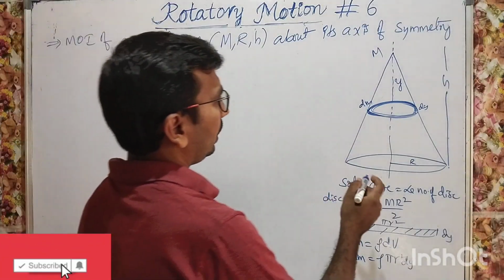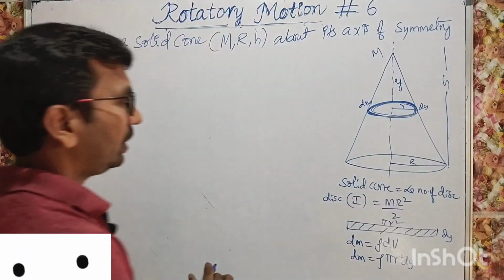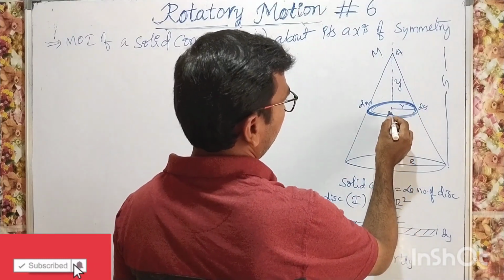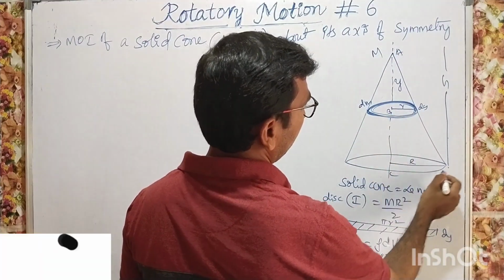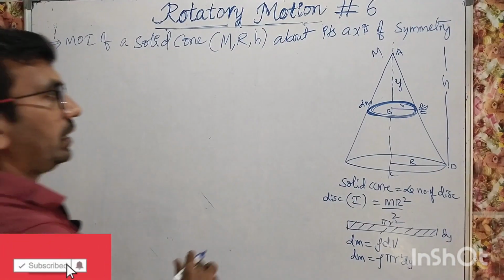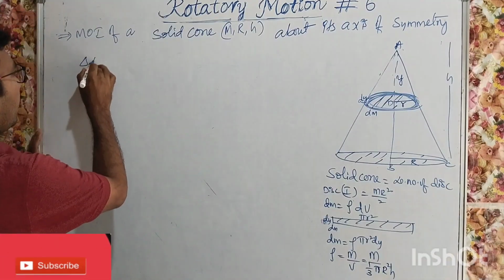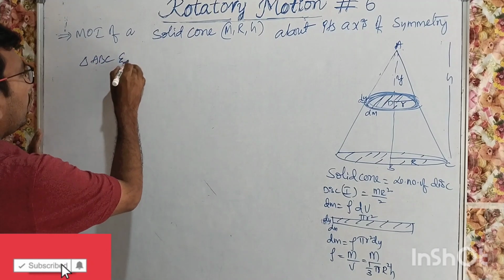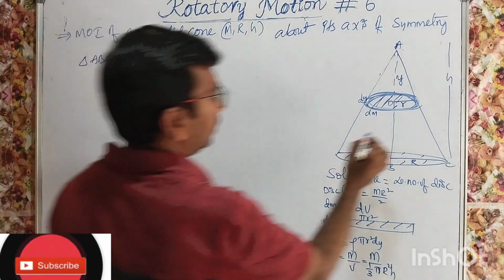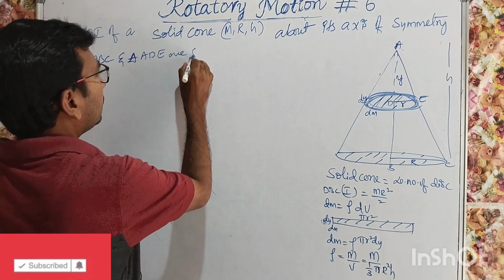Here I will consider the small radius r. Here two triangles are there. Suppose these are points A, B, C, D, E. Triangle A, B, C and triangle A, D, E are similar triangles.